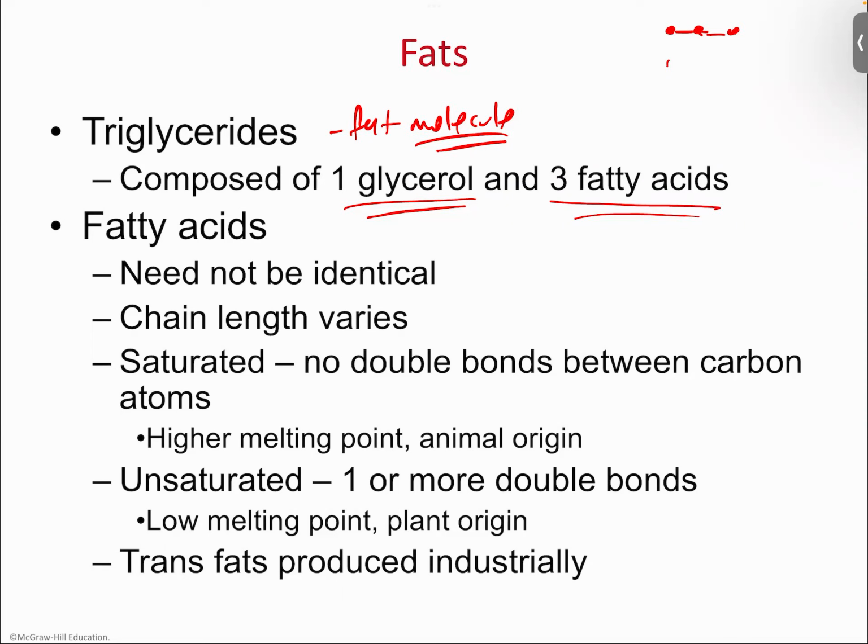That's all it is. That's why they're called fatty acids. If you take a look at a fatty acid, I'm just going to draw one right about here. You have a carboxylic acid, let's start off with that one, and then the rest of this is just a long chain of carbons. So that's your fatty acid.